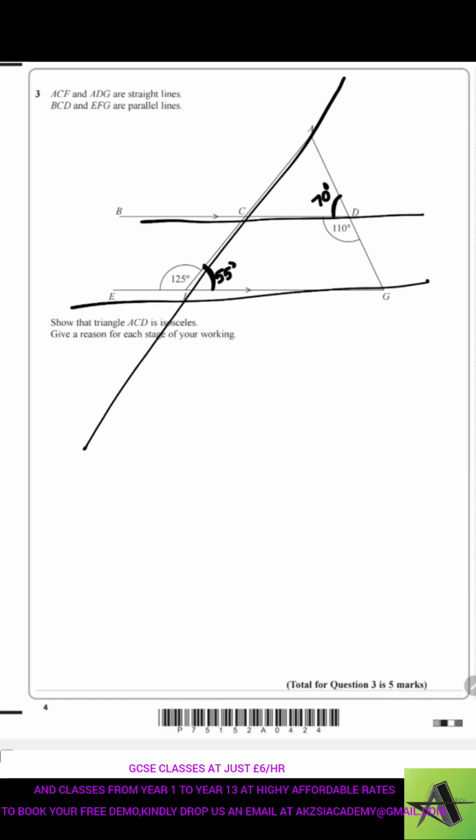I told you if two lines are parallel and there is a transversal, then these two are corresponding angles. So clearly, if these two are corresponding angles, this one is also 55 degrees. And the third angle is calculated by adding two angles and subtracting from 180.